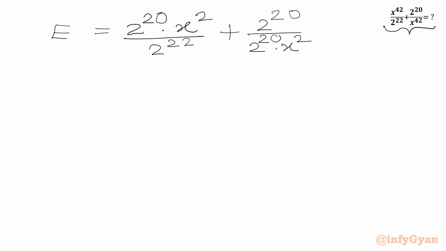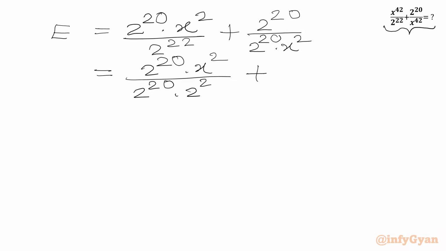Now 2 power 22 in the denominator we will write as 2 power 20 times 2 power 2, plus 2 power 20 over 2 power 20 times x square.